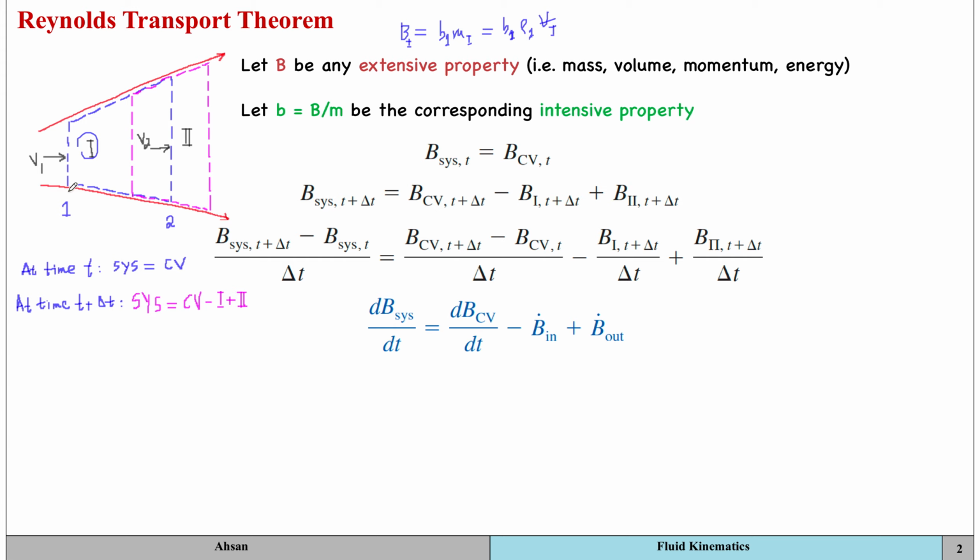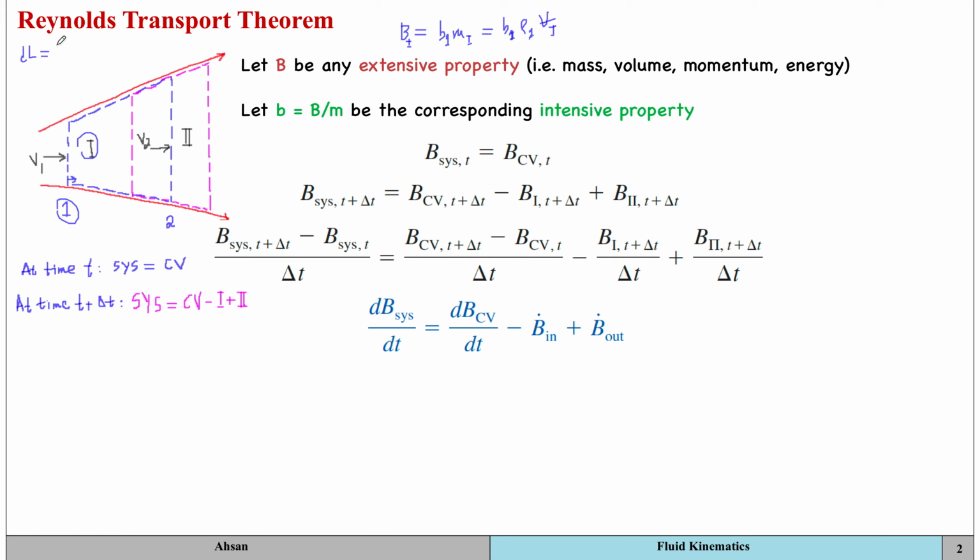So at 1, the volume, if it's a differential volume that we're looking at, is going to be equal to the differential length, which is in this direction, multiplied by the area at 1. And then this differential length, which is, for example, dl, I could write it in terms of velocity, because velocity is length by time.